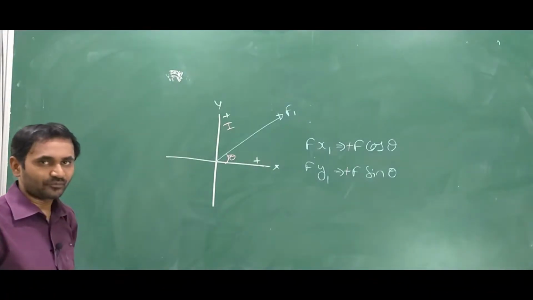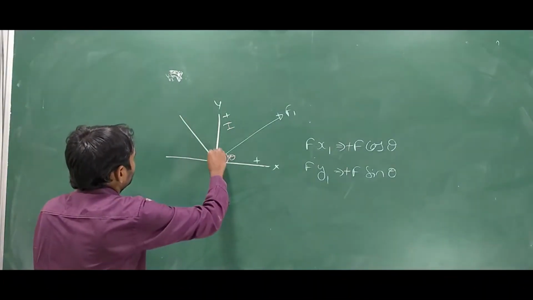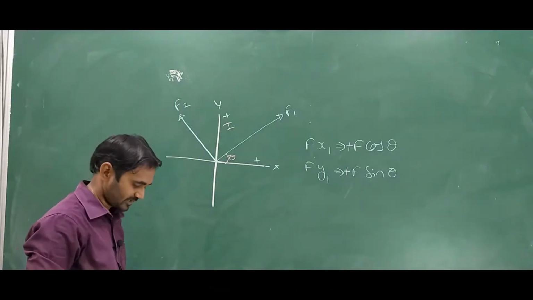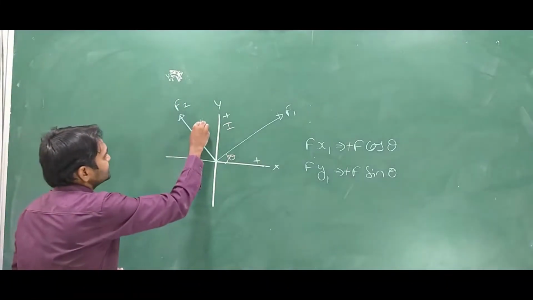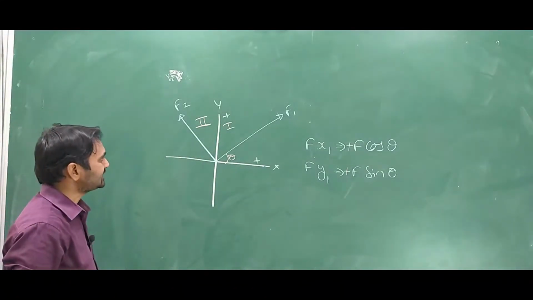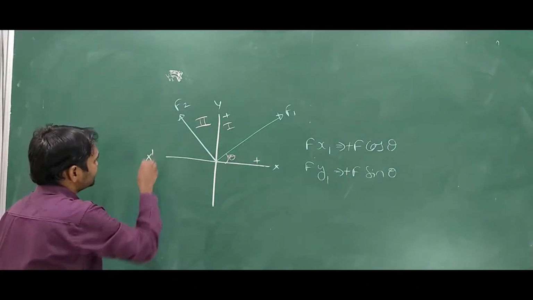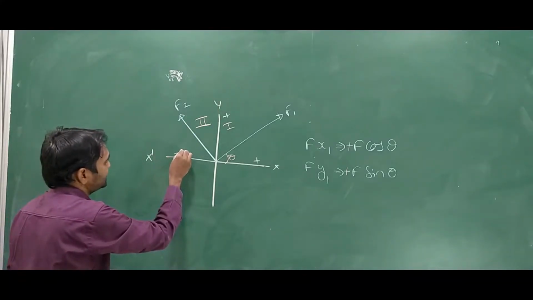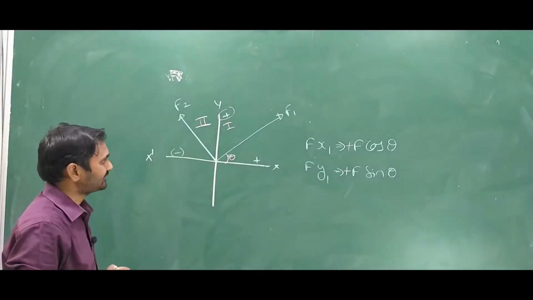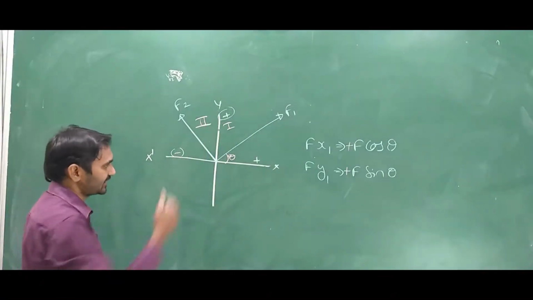Similarly, when the force is in the second coordinate, let me draw one more force. So this is F2, right? This is the second coordinate. So x dash and x, this is minus and this is plus. Now I have to calculate the forces in x as well as y direction.